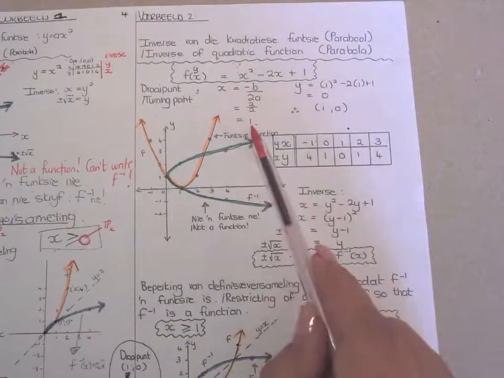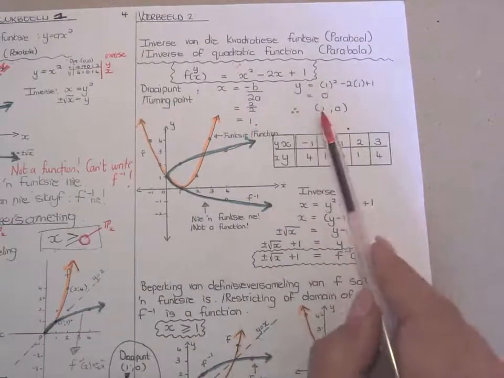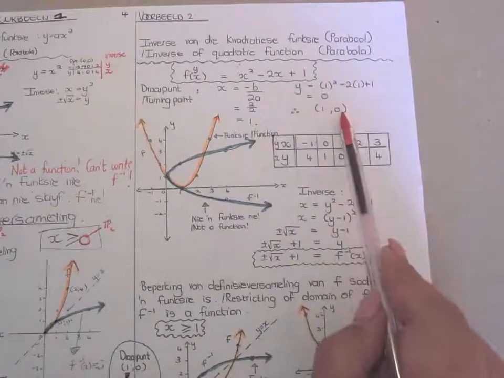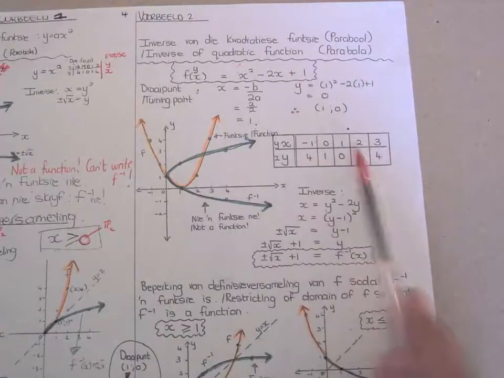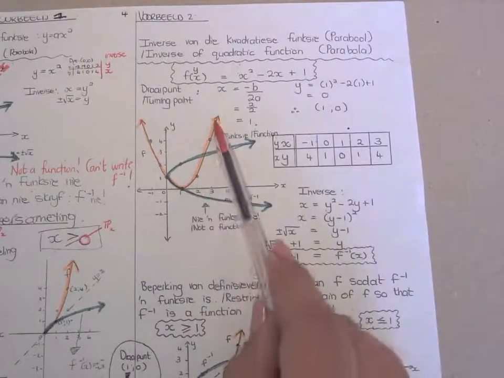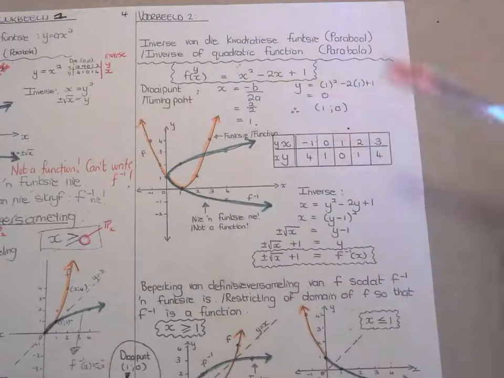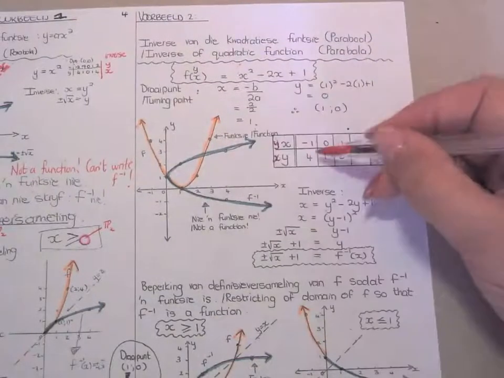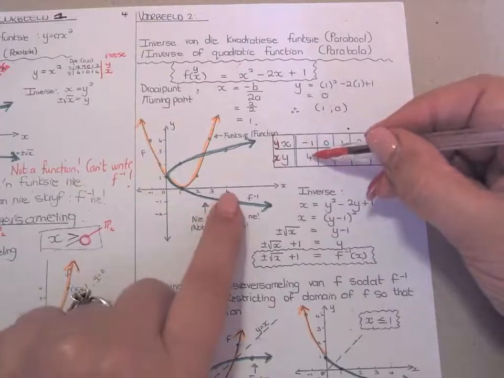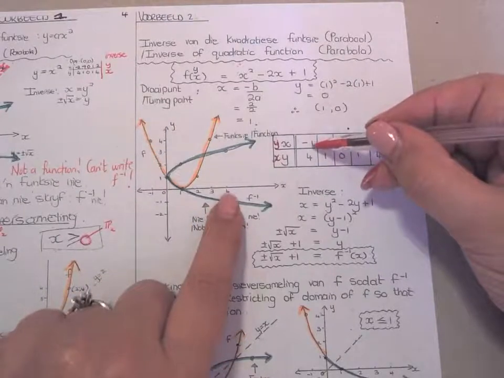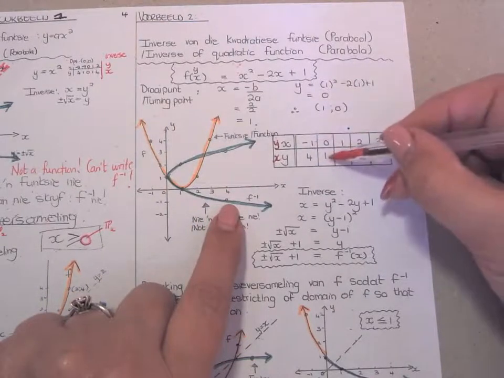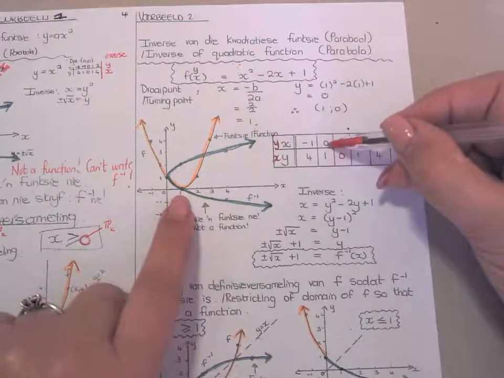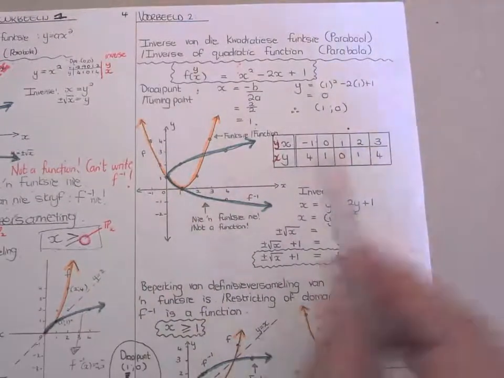So we get x is 1, but let's complete the turning point: y will be 0. We draw a table to plot the normal parabola. We swap the x and the y's. So you just swap it. Now x is 4 and y is minus 1. X is 1 and y is 0 to get the inverse.